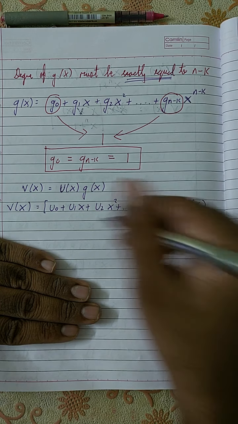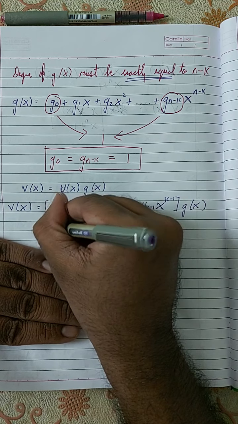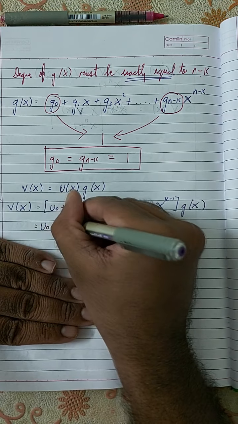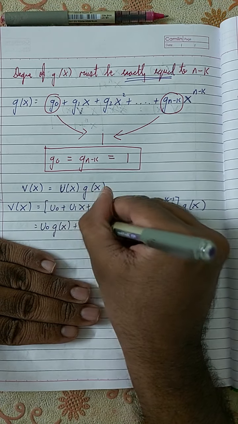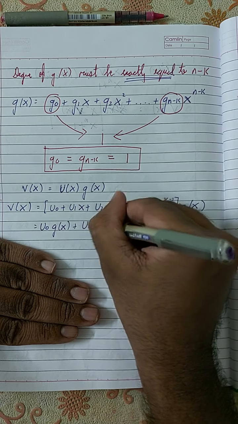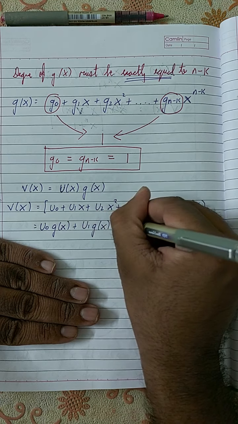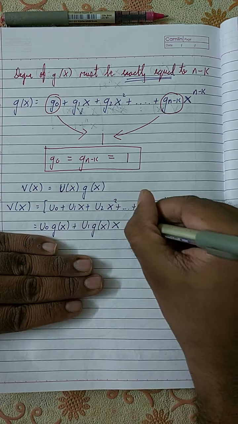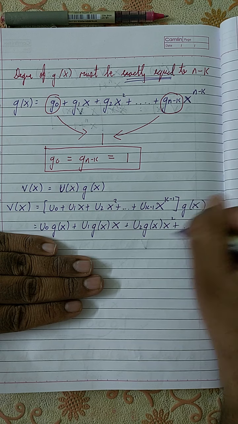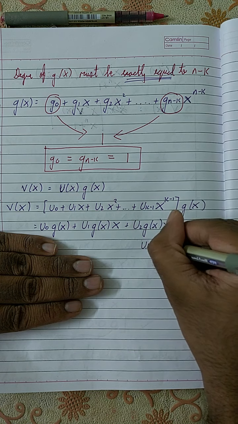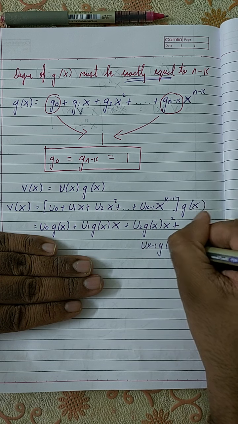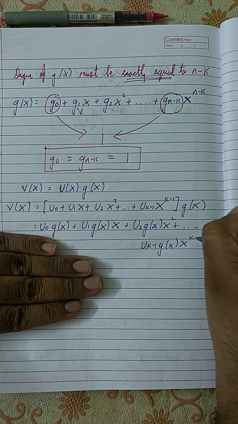Or this can also be written as u0 into g of x plus u1 into g of x into x plus u2 into g of x into x square plus, and it goes on up to the last term, uk minus 1 into g of x into x raised to k minus 1.